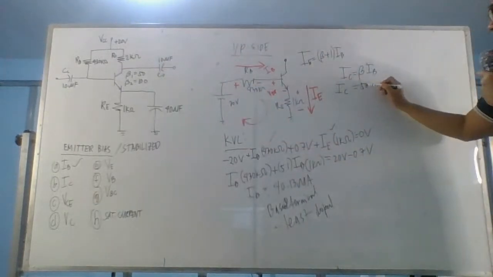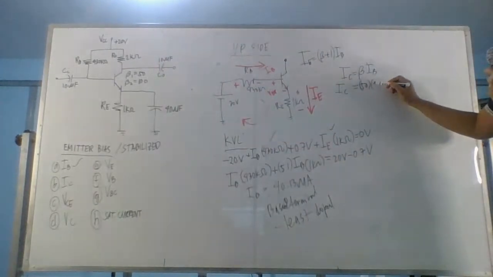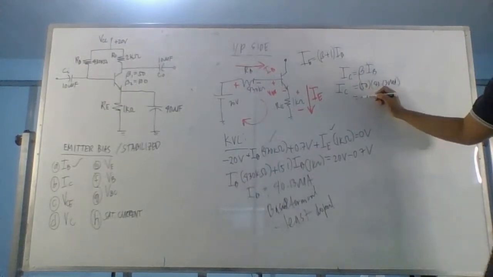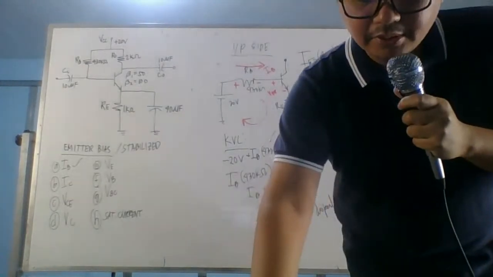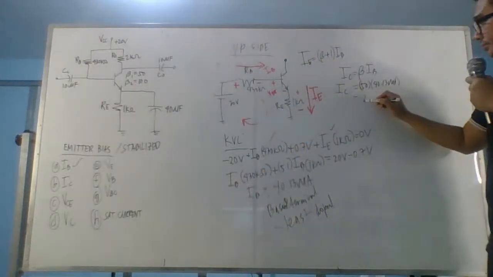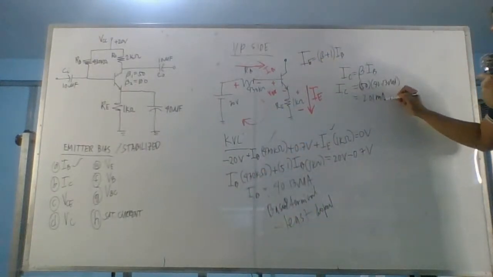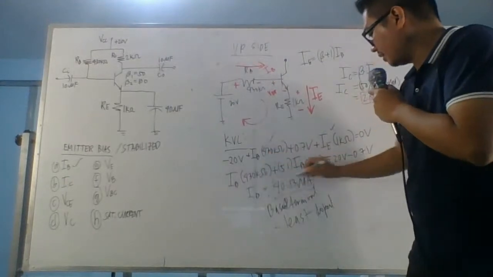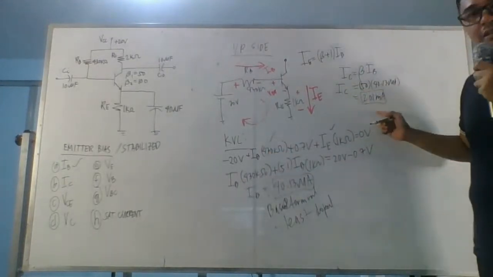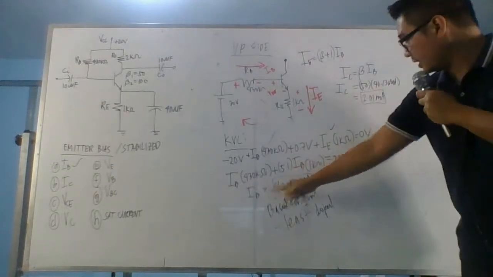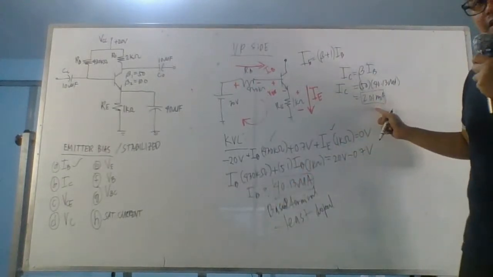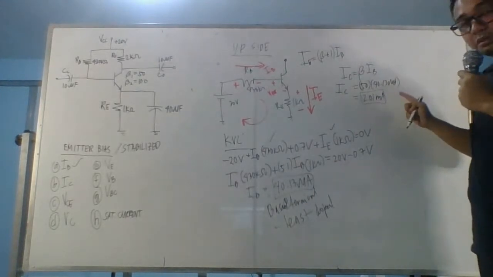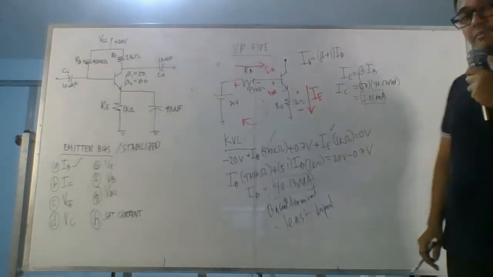We have 50 times IB of 40.13 microamperes. So this is equal to 2.01 milliamperes. So ito yung mga sagot natin. 40.13 and then we have 2.01 milliamperes for I sub B and I sub C. Ito, i-convert nyo na lang microamperes na ito into milliamperes na para ang sagot nyo is in terms of milliamperes.